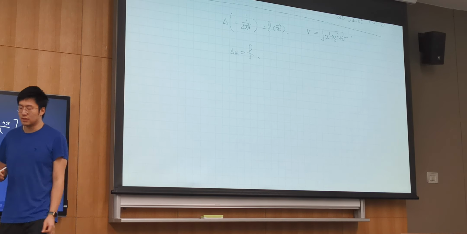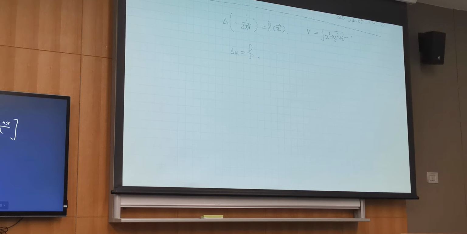But don't forget that this can be Laplace u equals f.